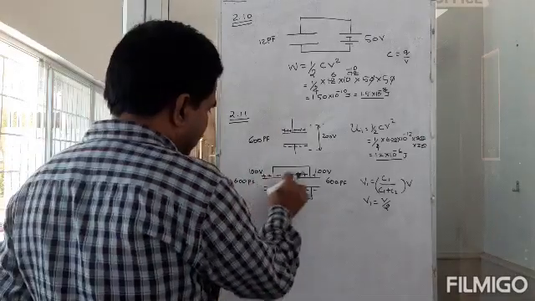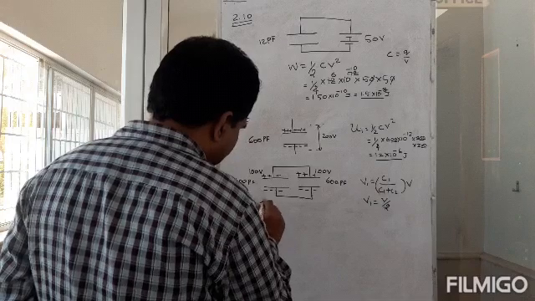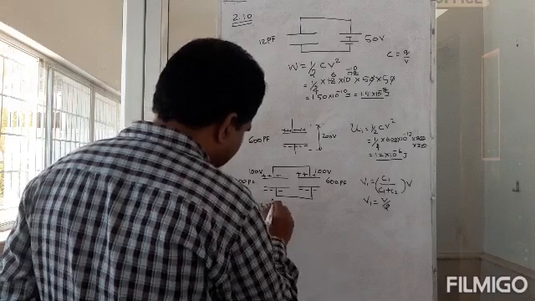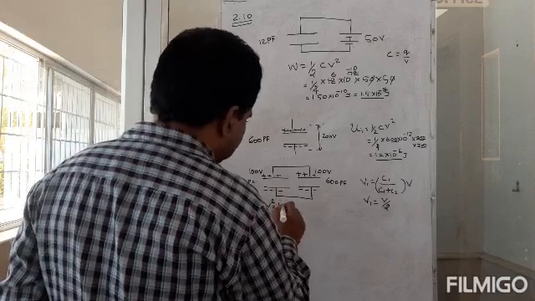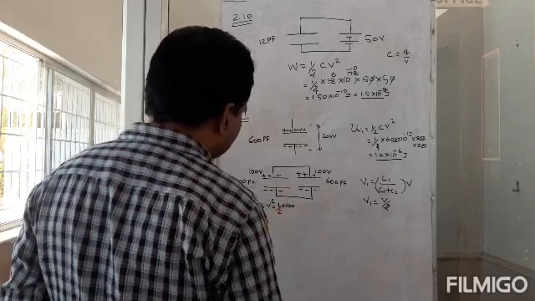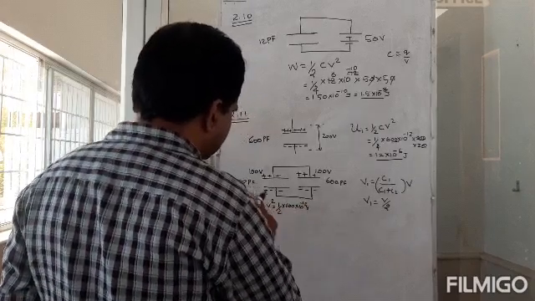What's the energy in this capacitor? That is going to be half C V squared, which is equal to half into what is C? It is 600 picofarad into 10 power minus 12. And what is V?